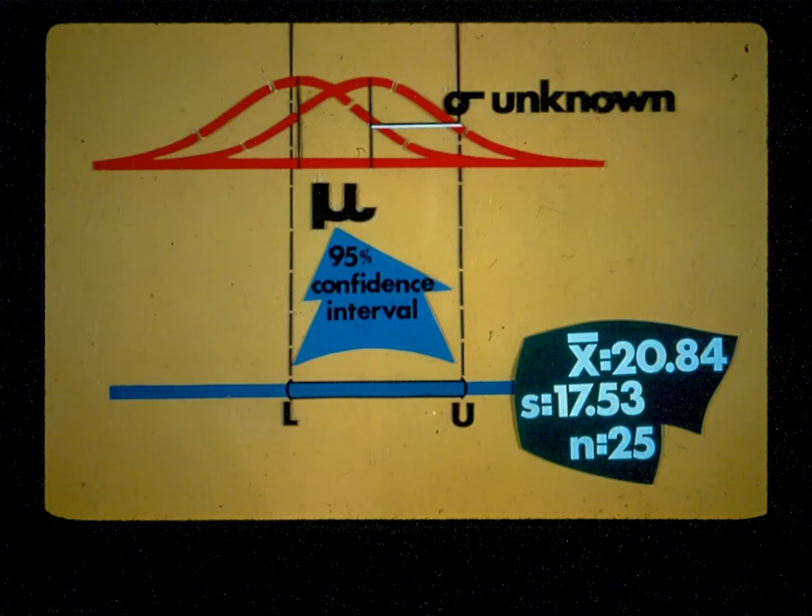Recall for this problem the basic data, which is given in the upper right corner. The sample size is 25, the sample mean x-bar is 20.84, and the sample standard deviation is 17.53. Recall also that this time we are using S and not assuming we know the true standard deviation of the population.